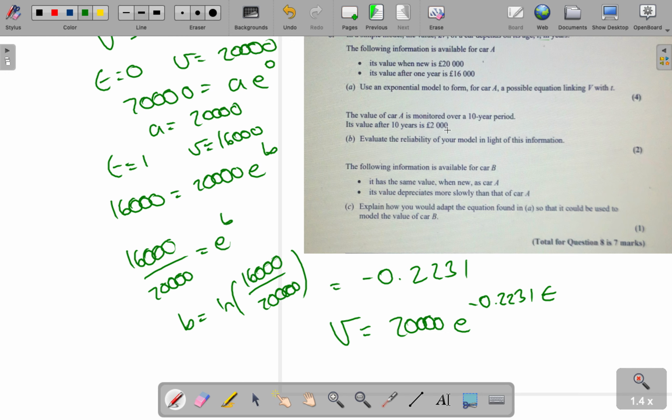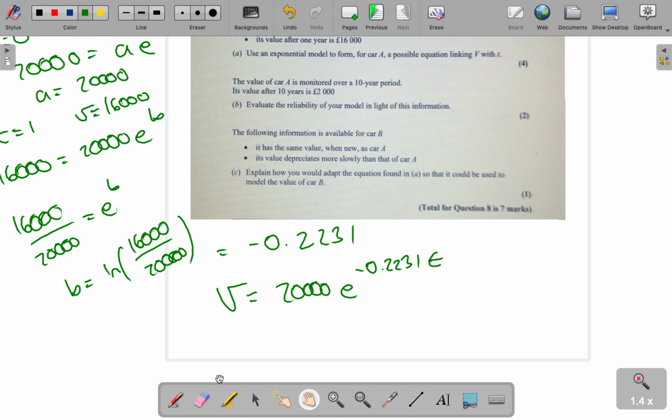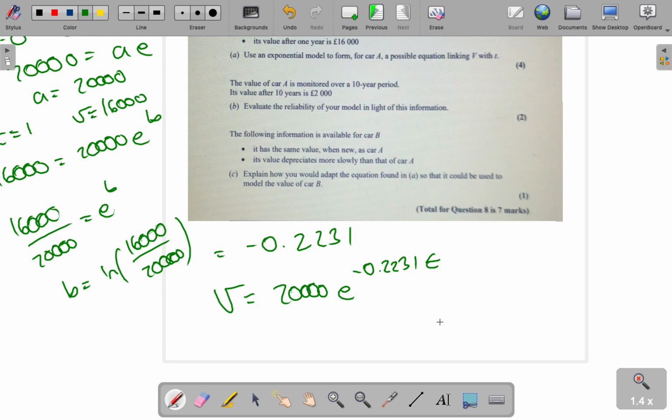Okay, the value of the car is monitored over a 10-year period. Its value after 10 years is 2,000. So here we're just going to use our model to determine it. So this is part B: V is equal to 20,000 e to the minus 0.2231 times 10, because t is equal to 10 years.